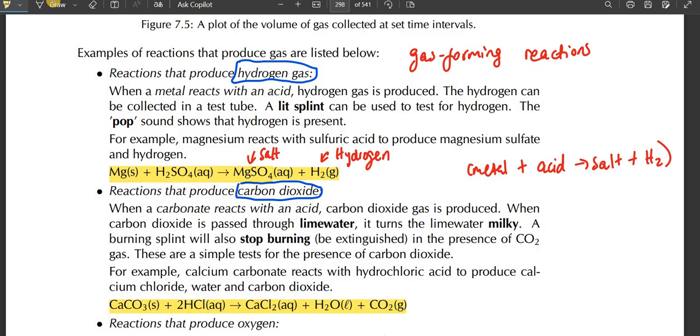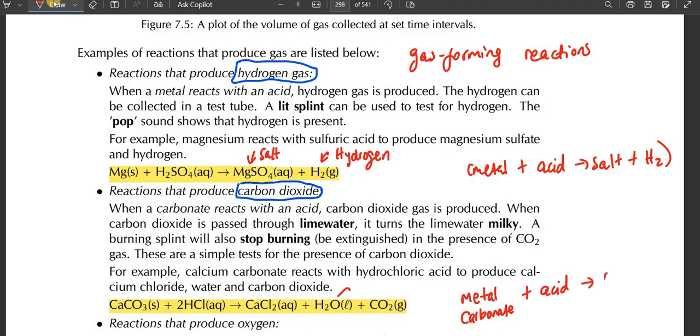And then another example that they like a lot is this one here. And on this one, you also form a gas. Here you have a metal carbonate plus an acid.